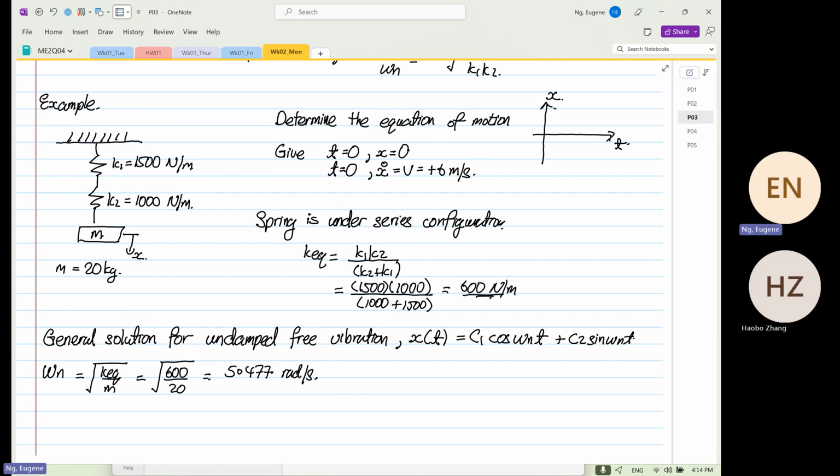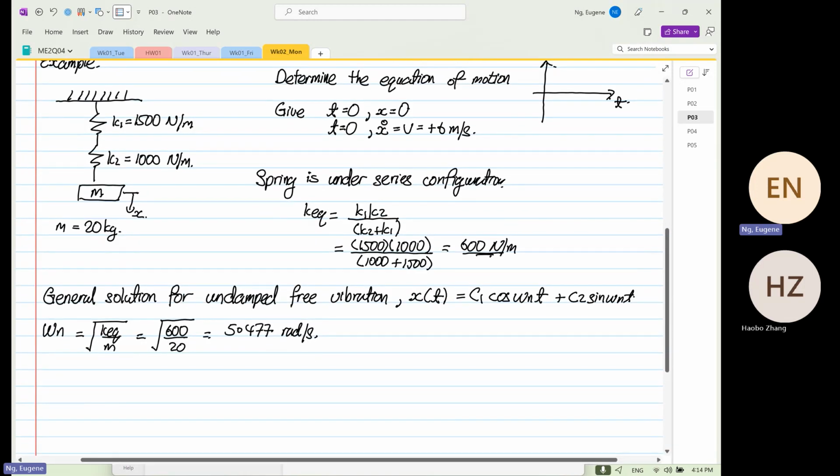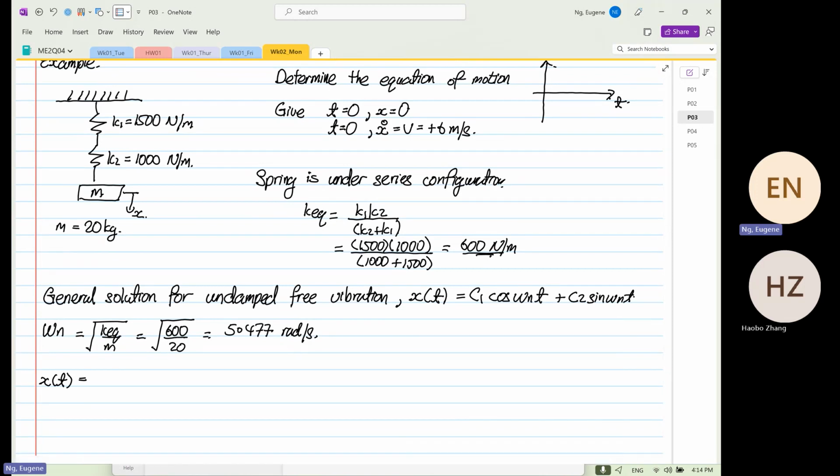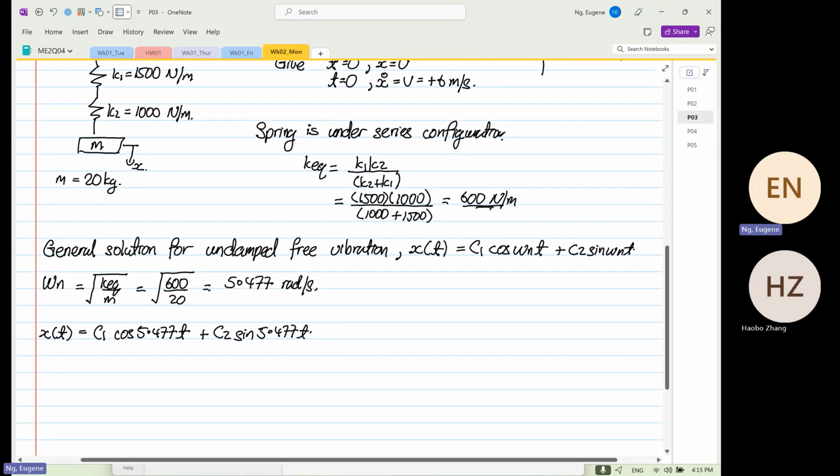So when we substitute into the equation, x as a function of time is equal to C1 cos 5.477 t plus C2 sine 5.477 t. We are going to substitute our first boundary condition. I'm going to call this equation 1.